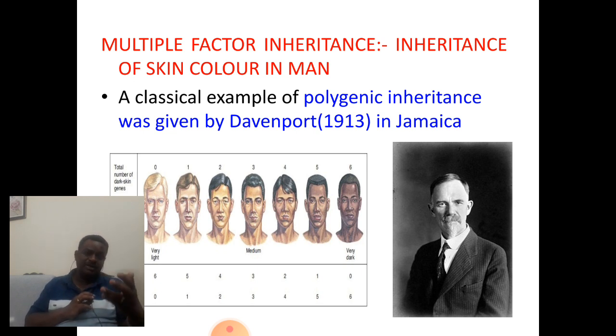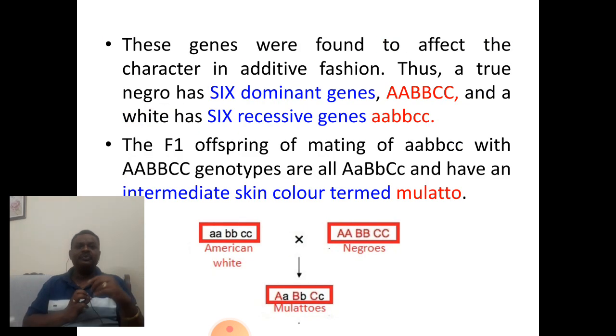Down in the picture, towards the right side, is the photo of Davenport. He is the one who explained the inheritance of skin color in man, which we are going to understand now. According to the scientists, there are 3 genes, that is 6 alleles, that control the skin color in man.